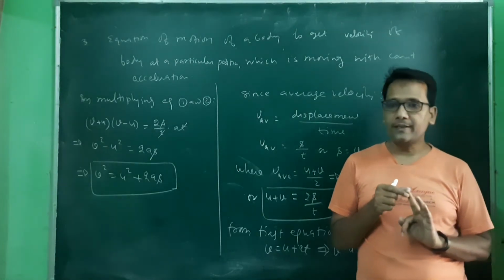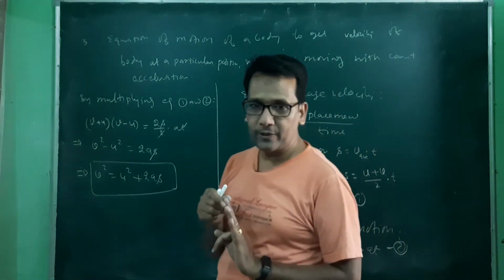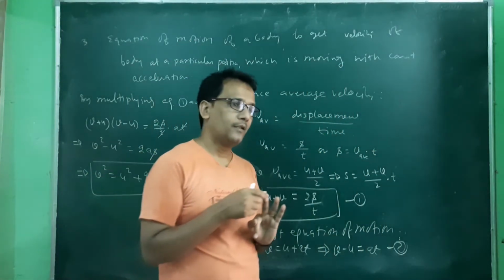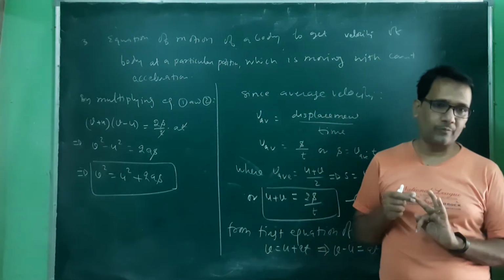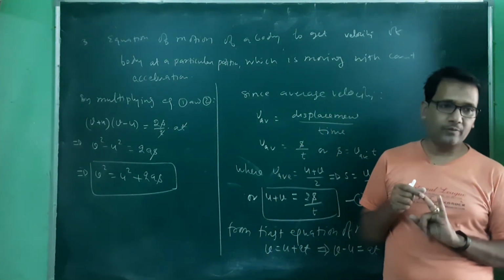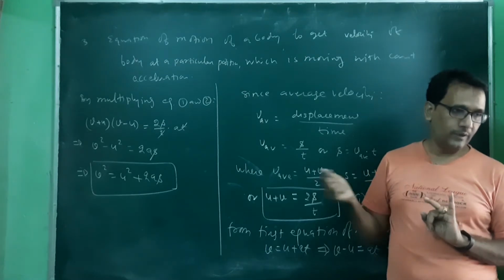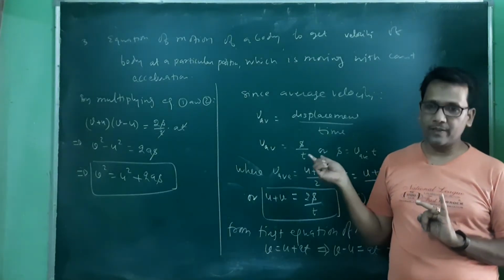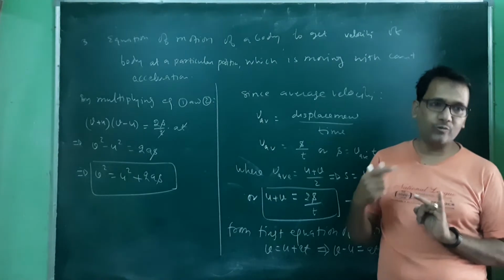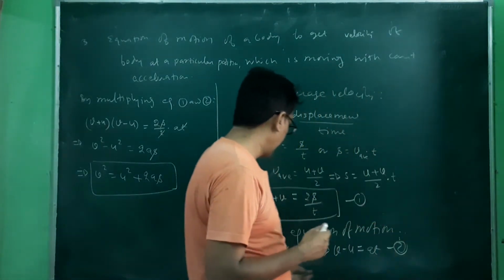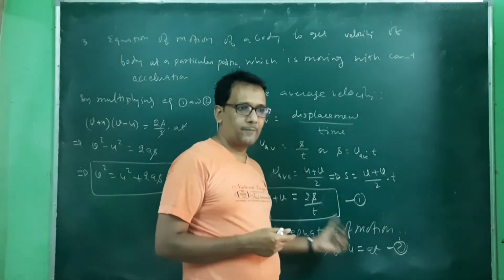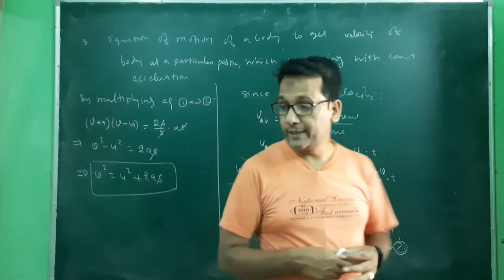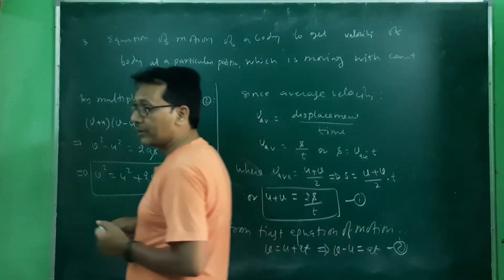Second, we take the displacement by using average velocity, and we put the v from the first equation of motion. Third, we start from the displacement with average velocity, and then again use the first equation, solving it for v minus u, and just by multiplying equation 1 and 2 we get the relation that v square is equal to u square plus 2as.